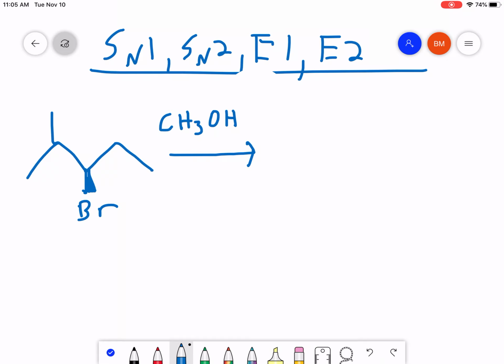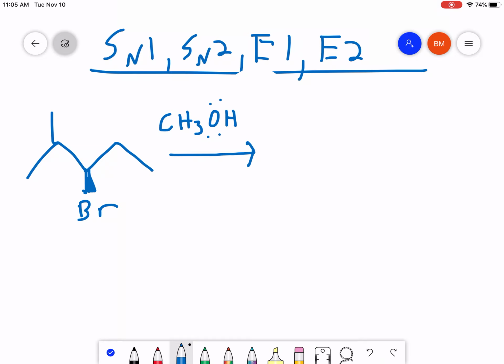All right, so the alkyl halide's not really going to help us here because it can do all four of them. Let's take a look at the nature of this methanol. CH3OH. Well, first of all, it's going to be a covalent compound. It's not a sodium salt, so it doesn't dissociate, doesn't give you ions. It's working entirely from these lone pairs of electrons on oxygen. If you were to classify this as a nucleophile, how would you classify it?